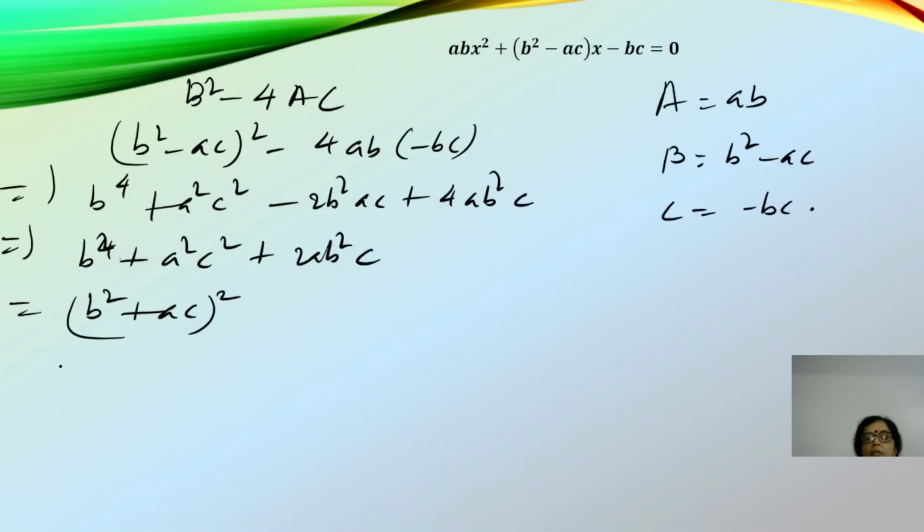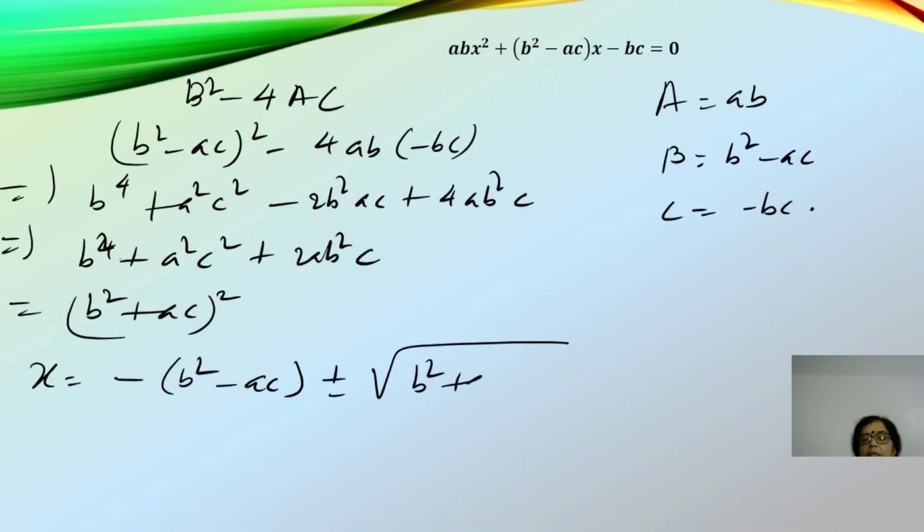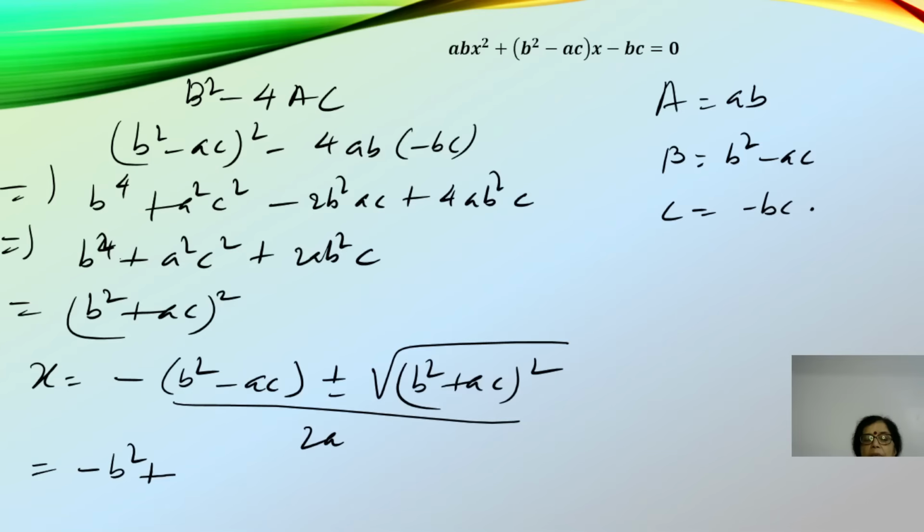Now getting back to the solution, x will be equal to minus b, that is minus into (b squared minus ac), plus minus, we get over here under root (b squared plus ac) the whole square, by 2ab. So on simplification, we'll get minus (b squared minus ac) plus minus (b squared plus ac) by 2ab.